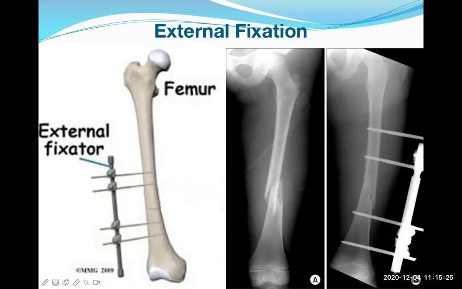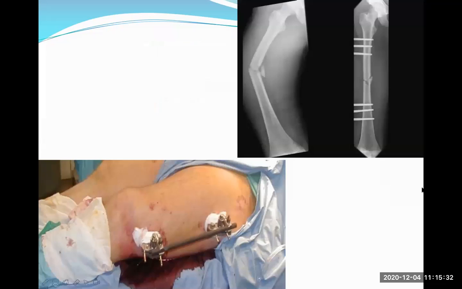This is the outside rod, and these are the long nails. Now this is a real patient picture. See this. This is external fixation. The outer part, and these are the long nails which are inserted inside, either above or below the fracture site. Exactly like this.